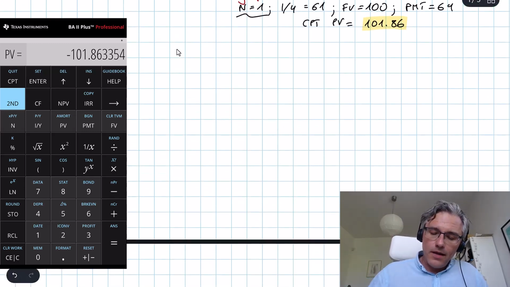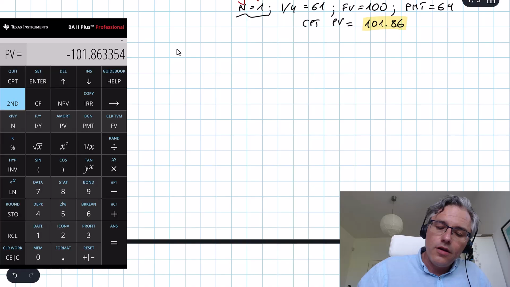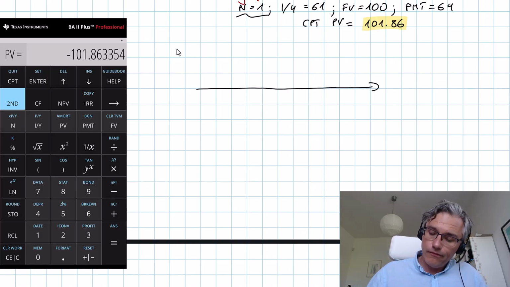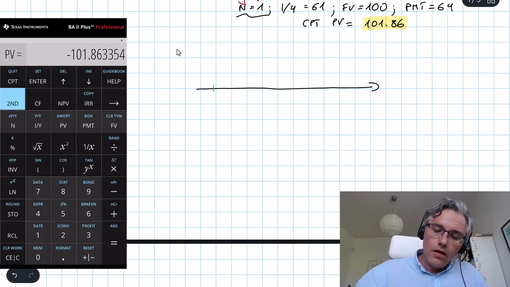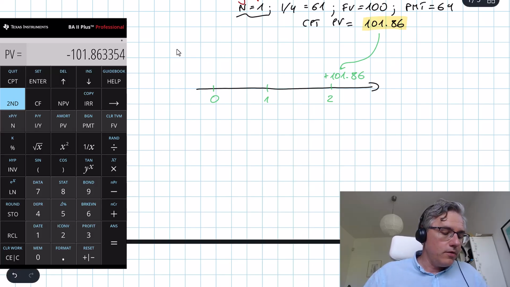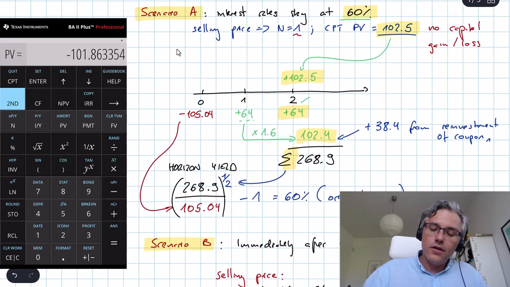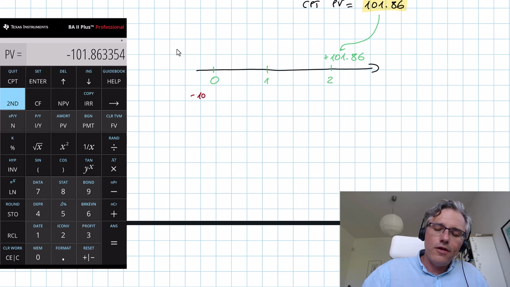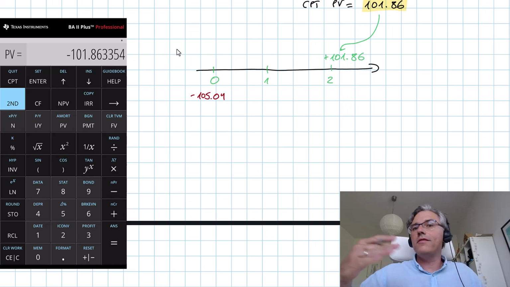So let's use this information to chart things on a fresh timeline. Time 0, end of year 1, end of year 2, and we've got this selling price 101.86 over here. Also, let's recall that this bond was initially costing us 105.04, and there is no impact on this of yields subsequently changing.